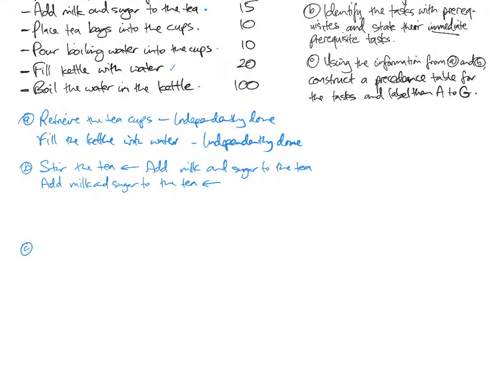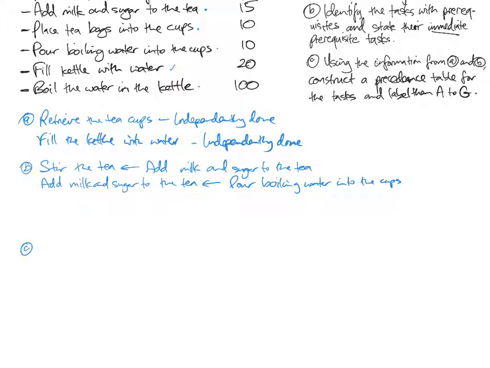I wouldn't be stirring it because I have to have the milk and the sugar in there in the first place. I would want to have the water in the cups, so pour boiling water into the cups so that I can add the milk and sugar to the tea.